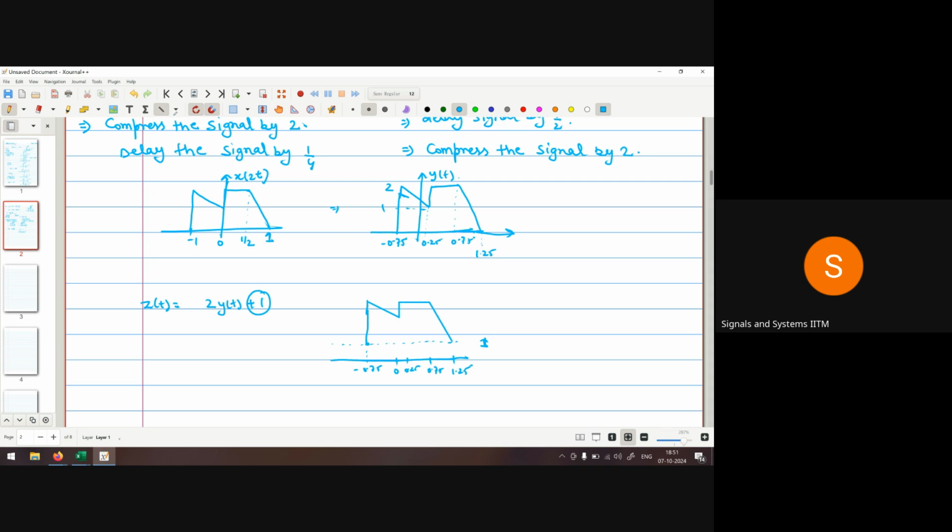Now the value is 1, that is 3, and that is 5. So the DC level is shifted from 0 to 1, and the magnitude rises up to 5. Okay, so this is z.